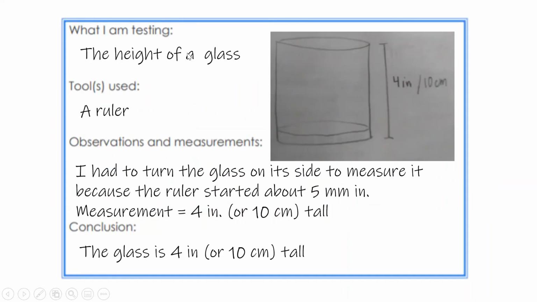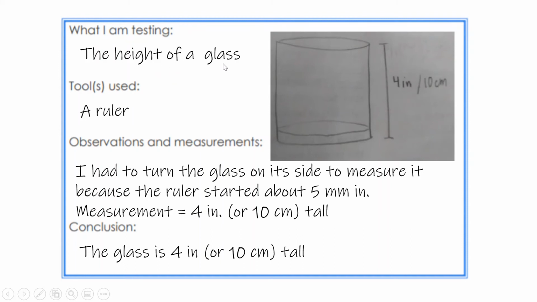Okay, so let's see. This is where we're going to practice. This is one that I did, and I just want to show you specifically what to do. So here's my drawing of my glass. It doesn't really look like the glass that I did. Anyway, what am I testing? Well, I'm testing the height of a glass.